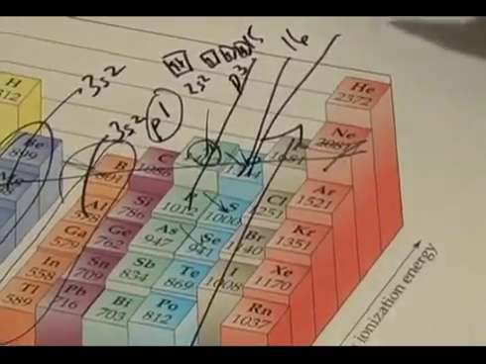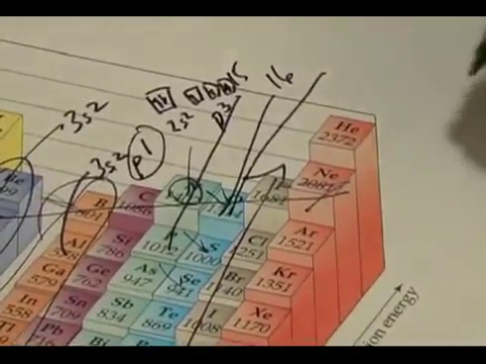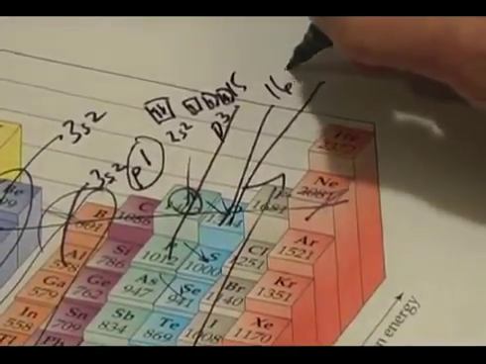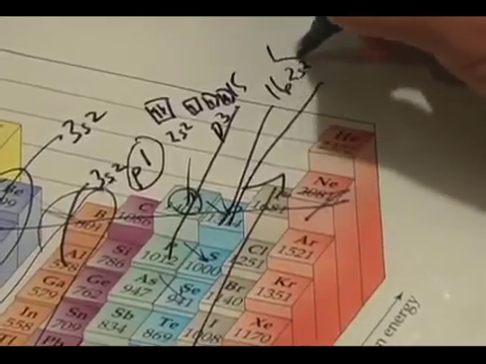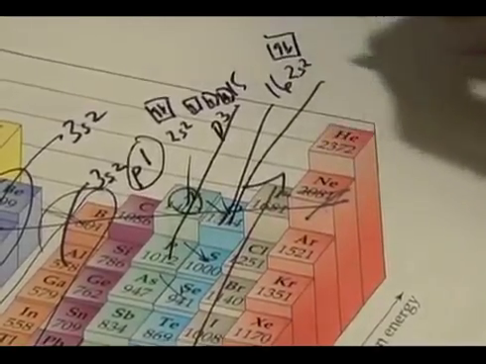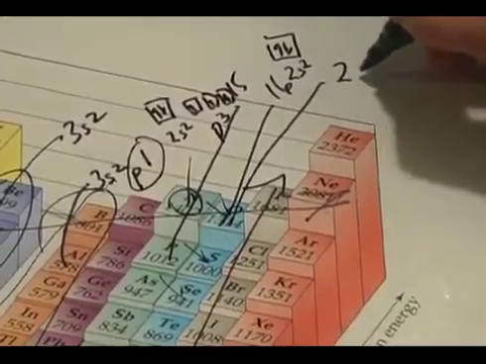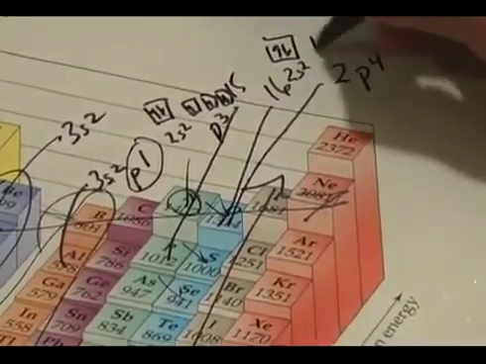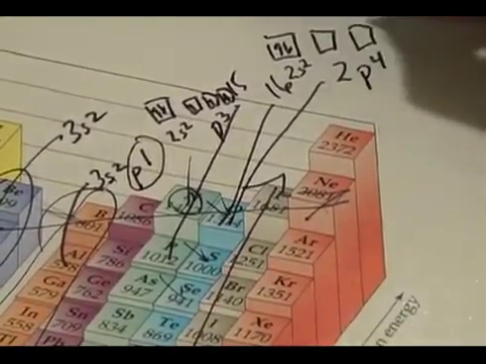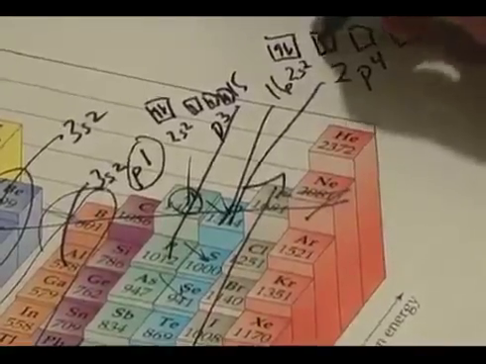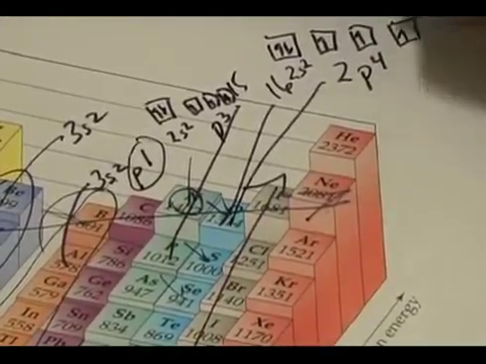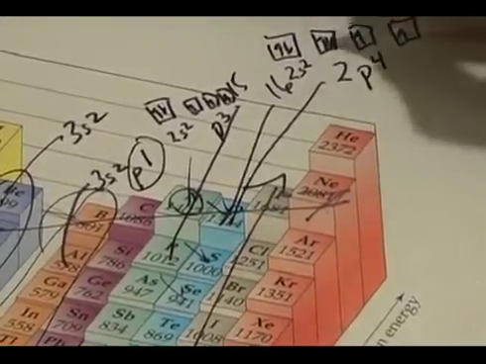And then for oxygen, it would be 2s2, and then 2p4, three boxes, one electron in each, and one paired up.